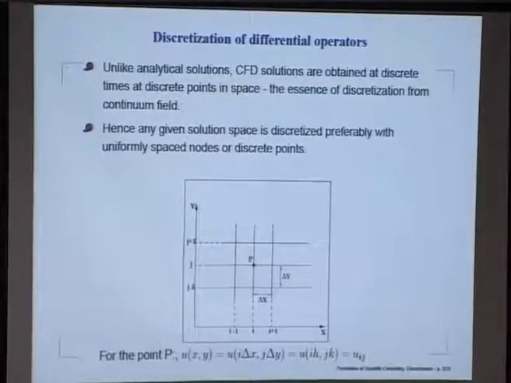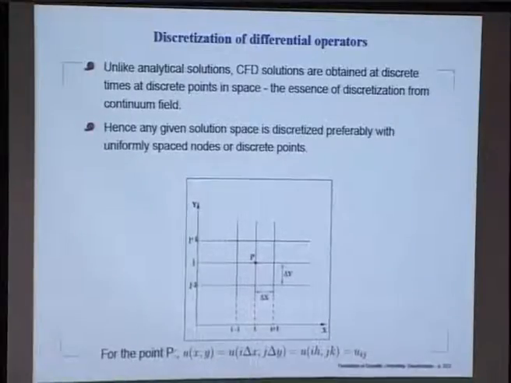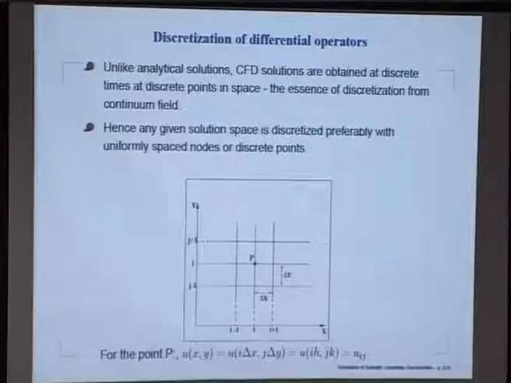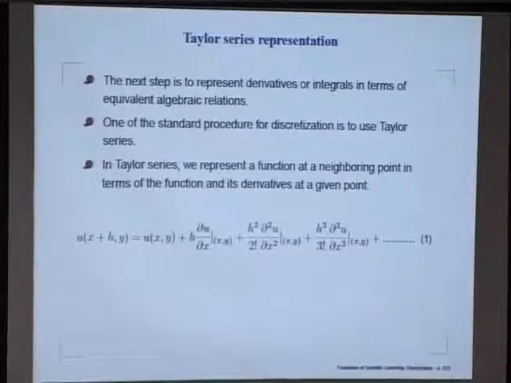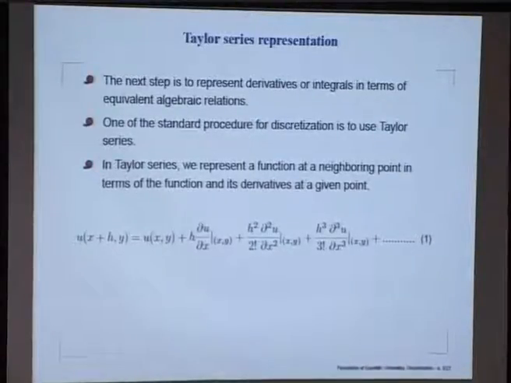So, we may write it as i h comma j k, or the alternative form that we have seen, using subscripts i and j indicating the nodal location of the point in question. And this is what we talked about: the point at one node, say x plus h, can be obtained from the information already obtained at the x y location, in terms of not only the function but all kinds of derivatives via the Taylor series expansion.